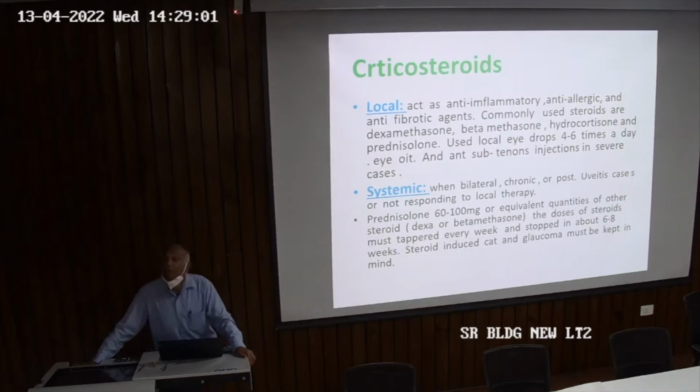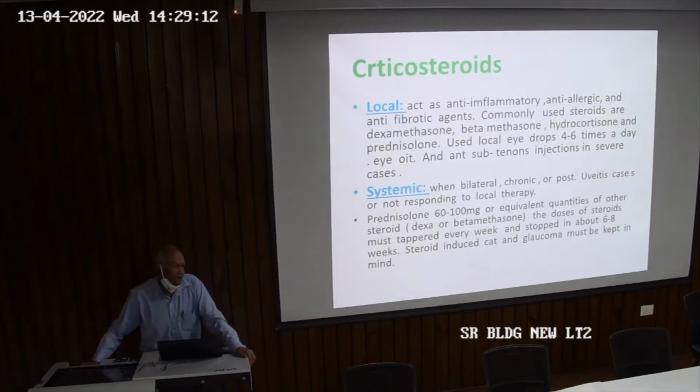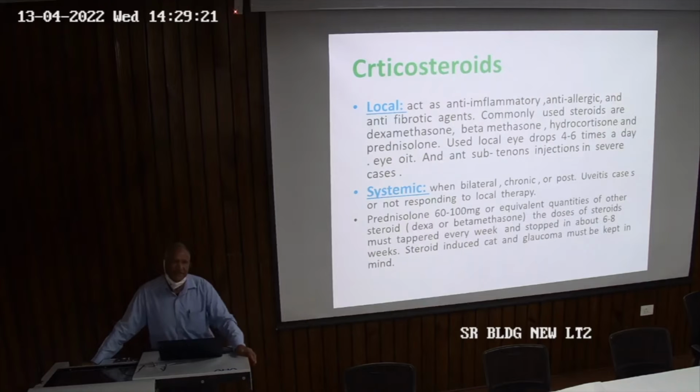If posterior uveitis is there, because the topical drug cannot reach posteriorly, to the vitreous, the choroid, and the retina, then we have to start systemic alone. Or whenever no topical drug is acting, no relief by topical drug, then we have to start systemic drugs.